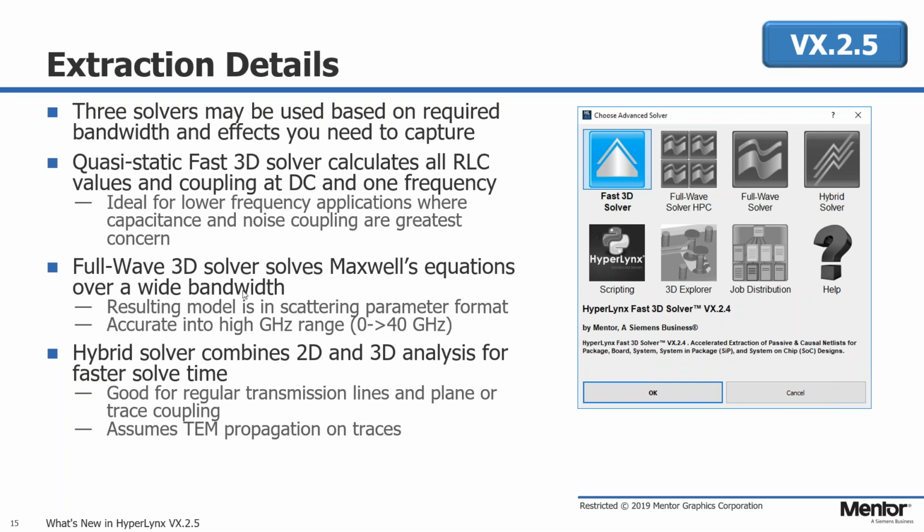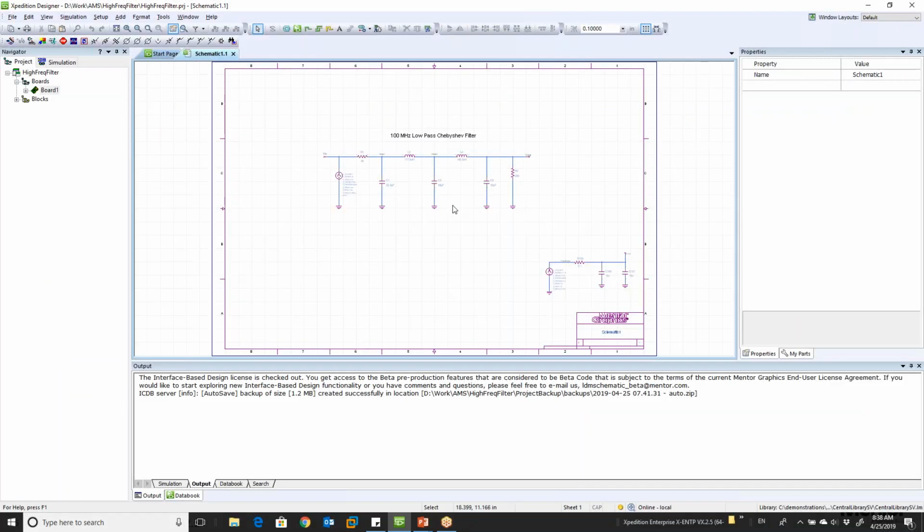So it depends on how much accuracy you need and how fast you want to get the model for those transmission lines. For the frequency ranges we're talking about, the hybrid solver is probably adequate, but the option is there to do a lot more. So let me just show this real quick, and then we'll get into the classic HyperLynx stuff.